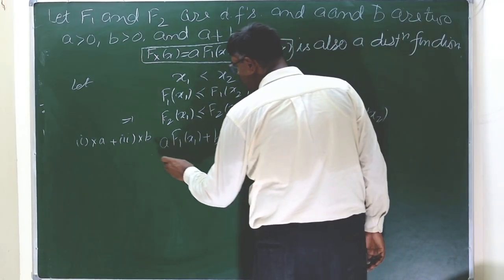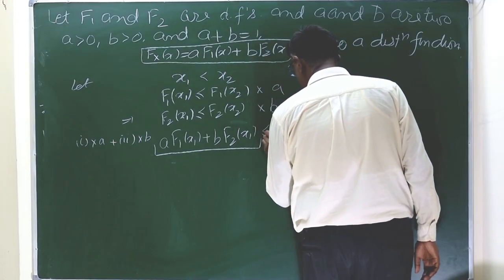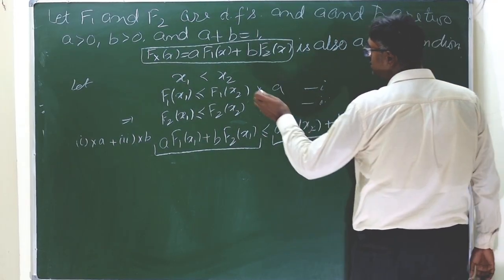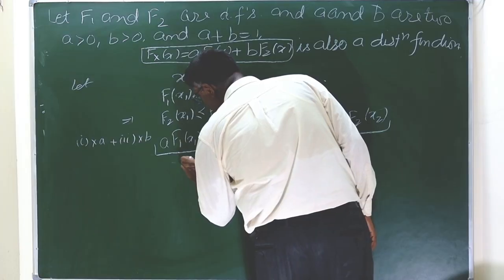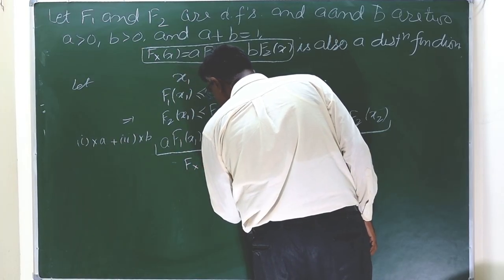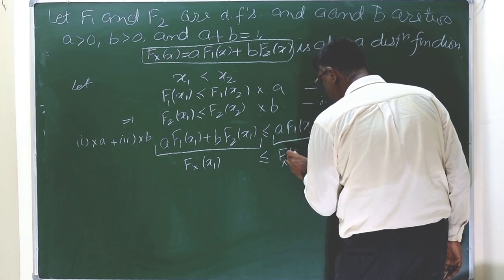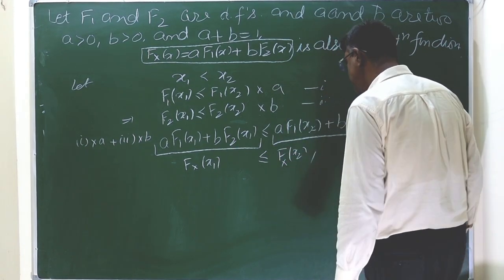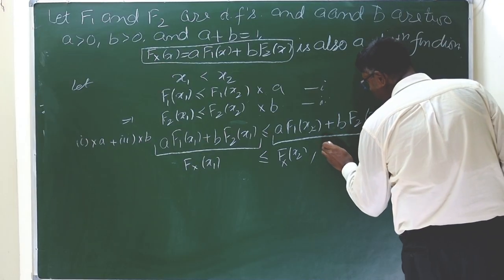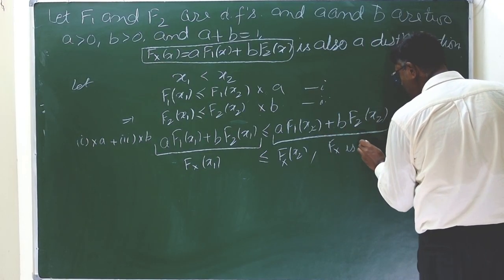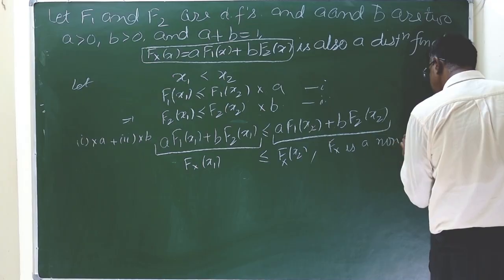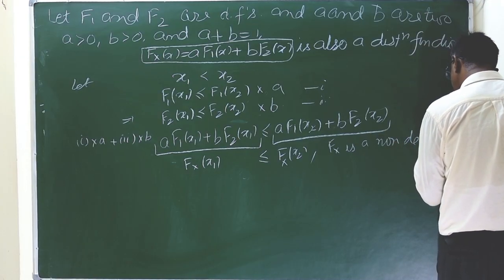So what is this? This is capital F at x1, which is less than or equal to F at x2. So we see that F is a non-decreasing function.